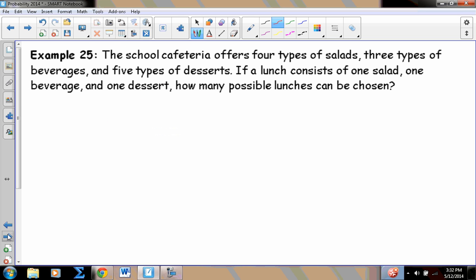Okay, so let's do an easy one here. We have a school cafeteria which is offering 4 types of salad, 3 types of beverages, and 5 types of desserts. A lunch consists of a salad, a beverage, and a dessert. How many choices do we have for salads? Well, it says 4.